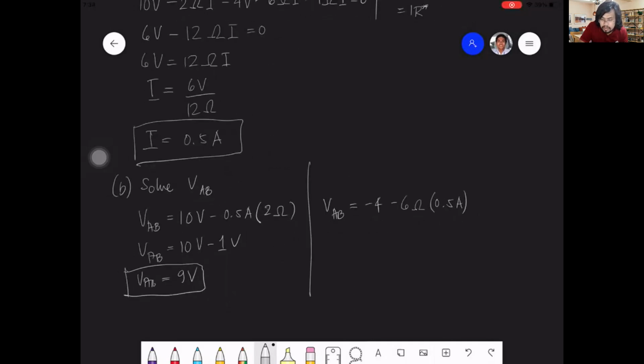minus 4 ohms times 0.5 A, get minus 4 volts. Oh, sorry, that's going to be 3 volts minus 2 volts. So VAB, since we're using the other side, it's going to be negative 9 volts, but this is going to be the same.